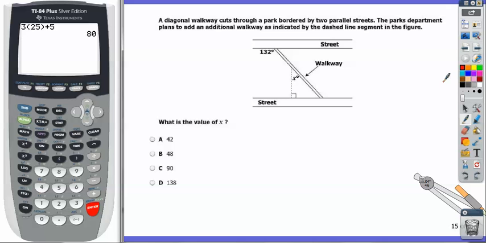Ooh, this is fun. It says a diagonal walkway, so here's my walkway. They labeled a picture, that's nice. Cuts through the park, bordered by two parallel, which is one of those buzz geometry words, parks. Now, when I think of parallel lines cut by a transversal, this is what I'm used to seeing.